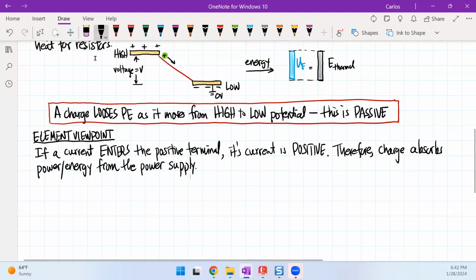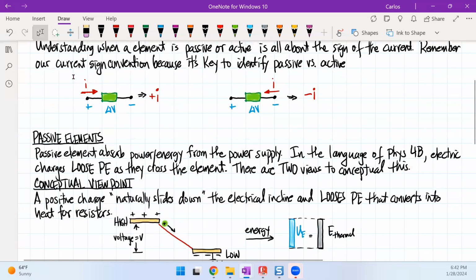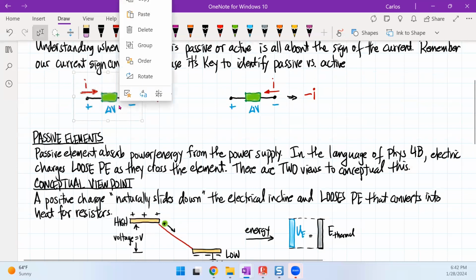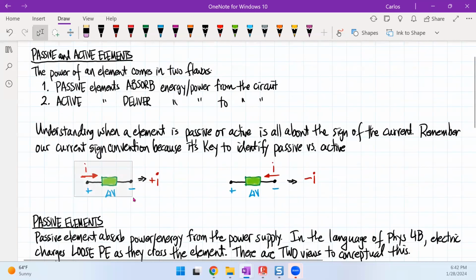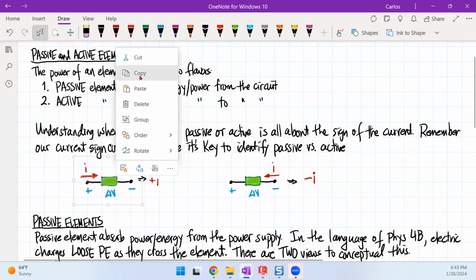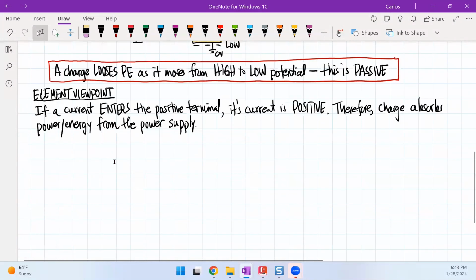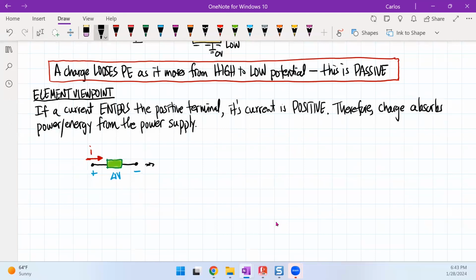So again, picture-wise, we've already drawn this. So let me come and grab this. It's right here. So when I look at this thing, this is what we mean by passive. And you can see here that what this tells us is that the current here is positive, which then means this.